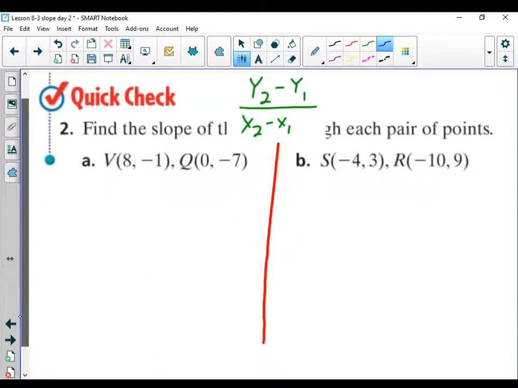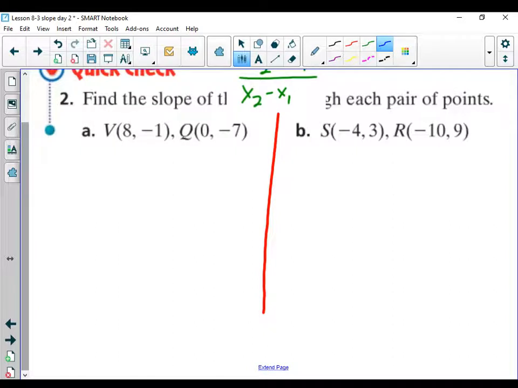Okay, so our next one, I think I forgot to say this before. These letters are just the names of the dots. So somewhere there's a dot called Q, and somewhere there's a dot called V. We're trying to find the slope of that.